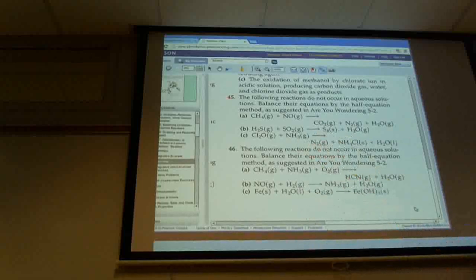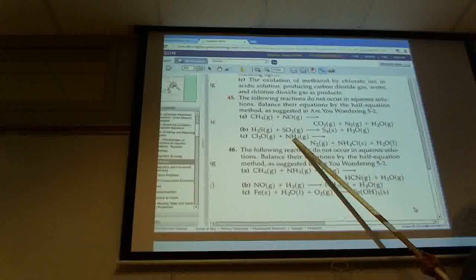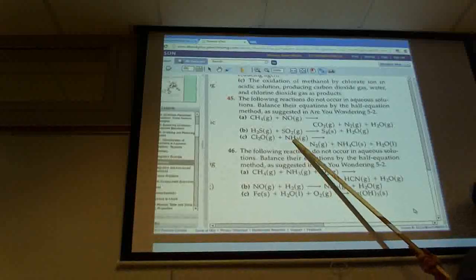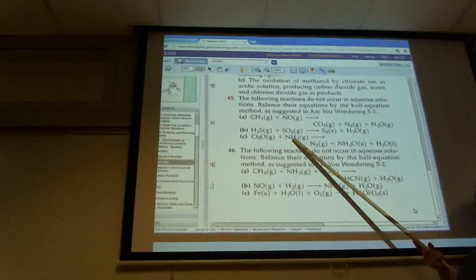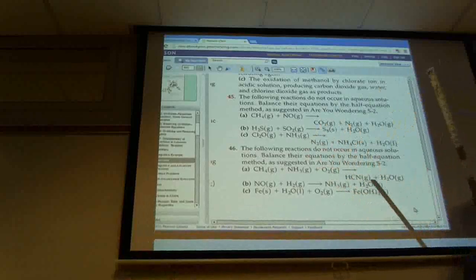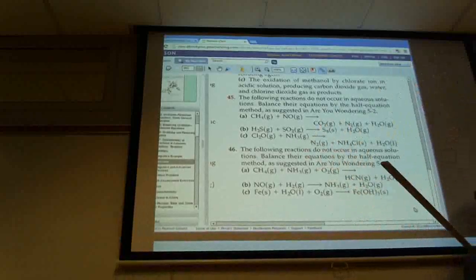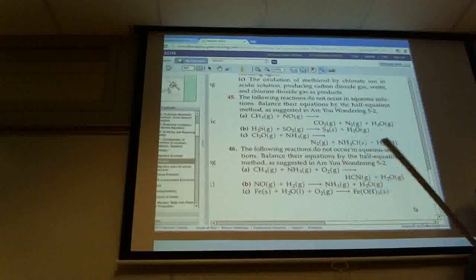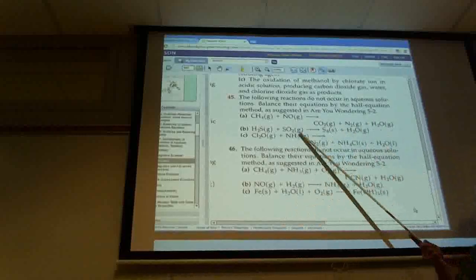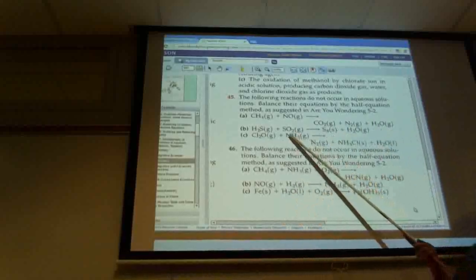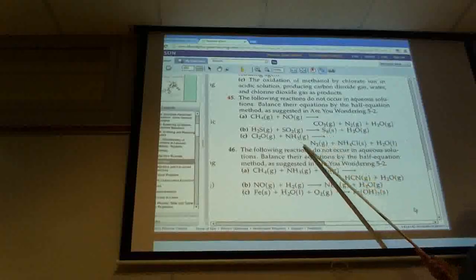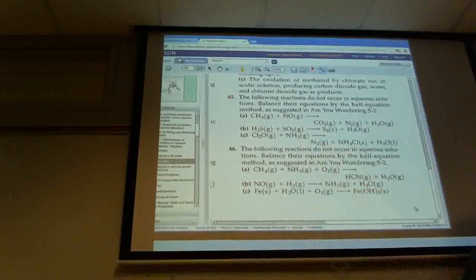This could be a case where one nitrogen acts as a reducer and the other acts as an oxidizer. Or both nitrogens act as a reducer, but they get oxidized to two different levels. That makes it more complicated because you could be tricked. This one's easy though, because one of the nitrogens nothing happens to, the other nitrogen something happens to.